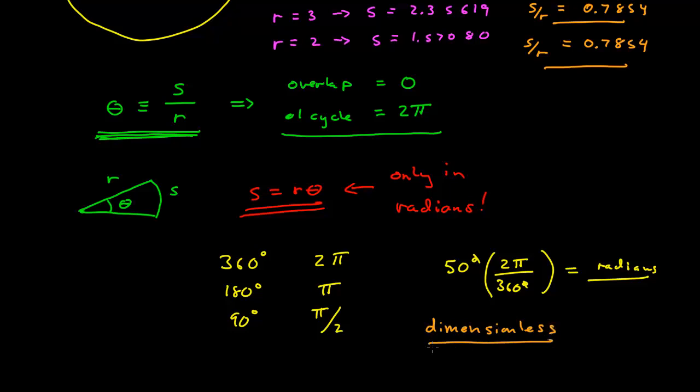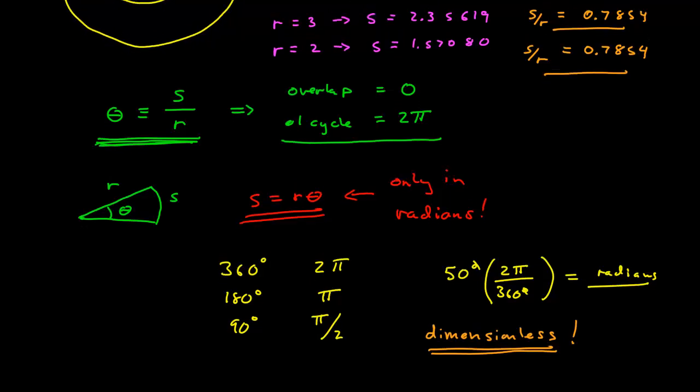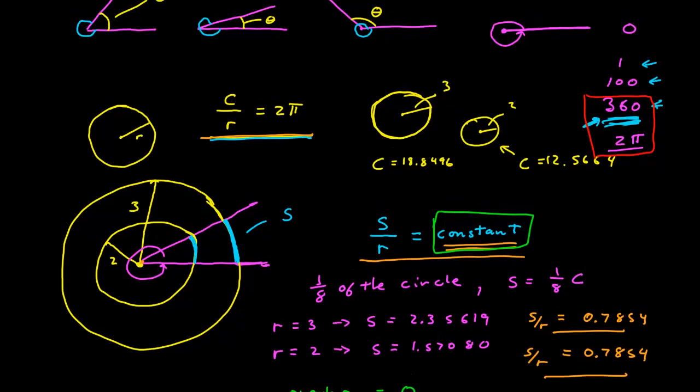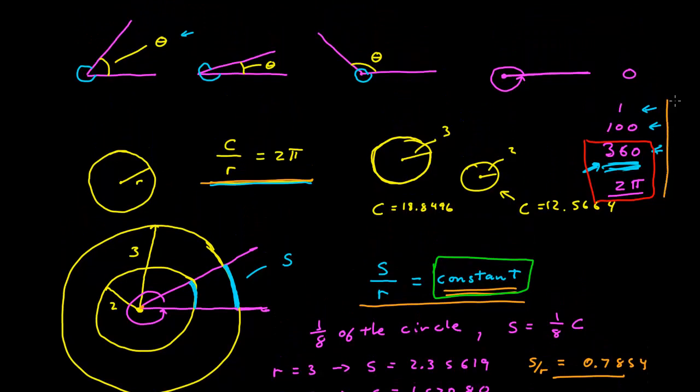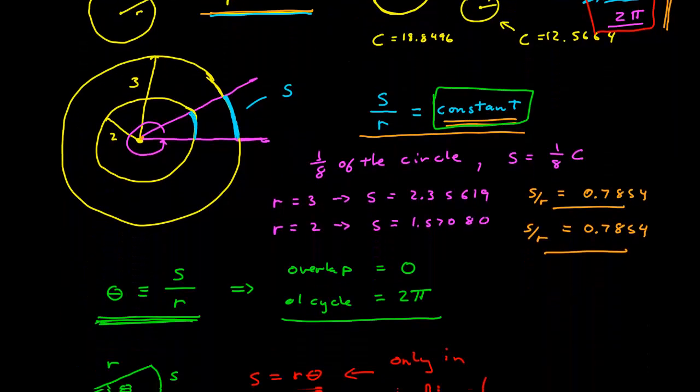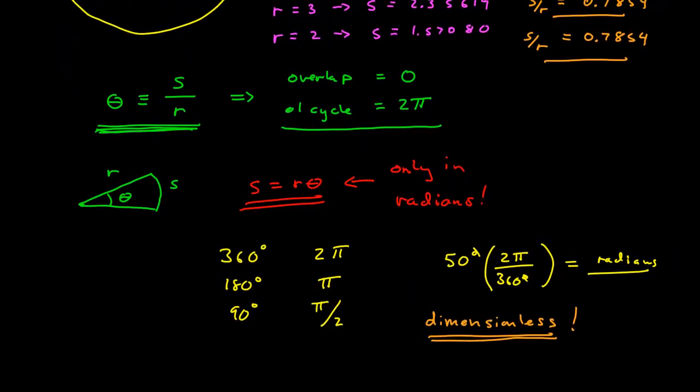Neither radians nor degrees have dimension. They are dimensionless quantities. Converting between them is just a matter of defining how much is in a full circle. But neither of these has dimension, and that becomes important in doing dimensional analysis.